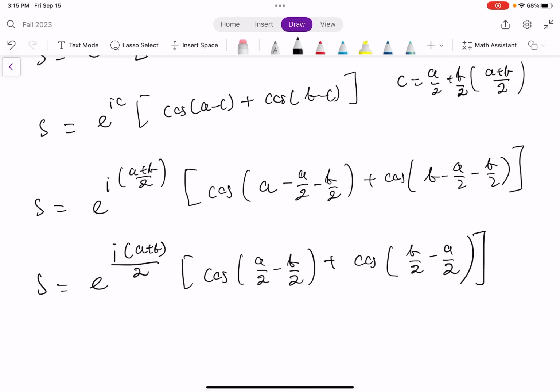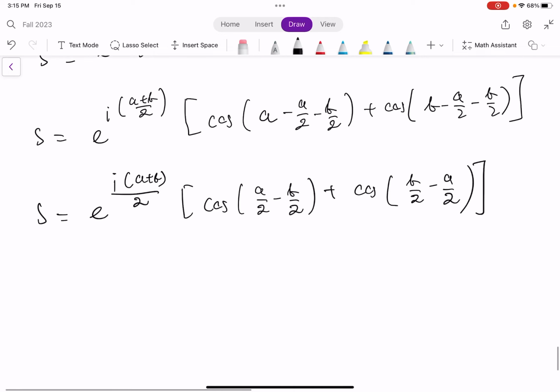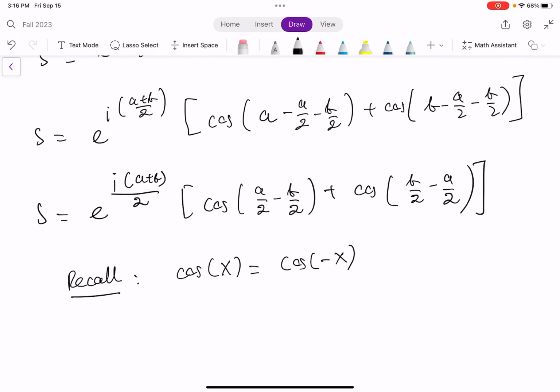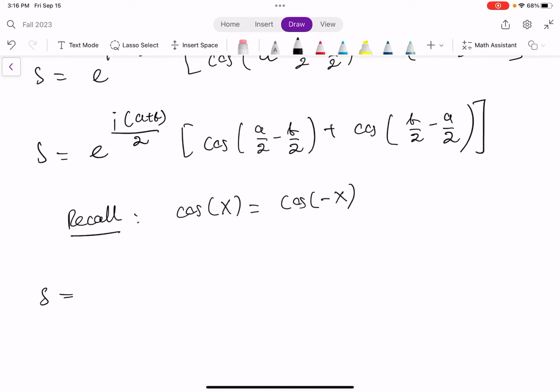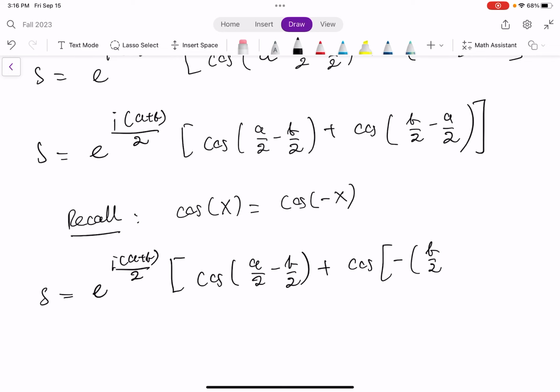And you recall that cosine of x is the same as cosine of negative x, so you can flip the sign inside the cosine, which has the same value.